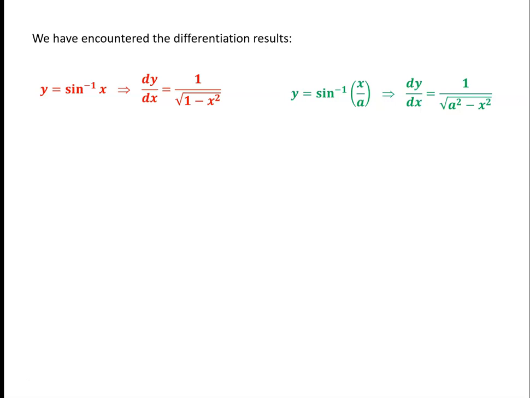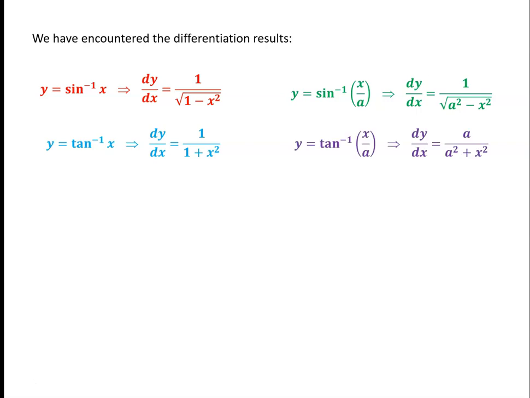If y is tan to the minus 1 of x, then dy by dx is 1 over 1 plus x squared. And if y is tan to the minus 1 of x upon a, then dy by dx is a upon a squared plus x squared.